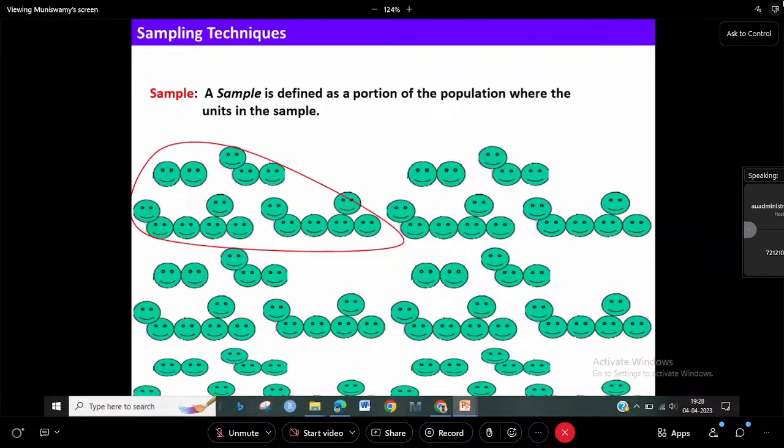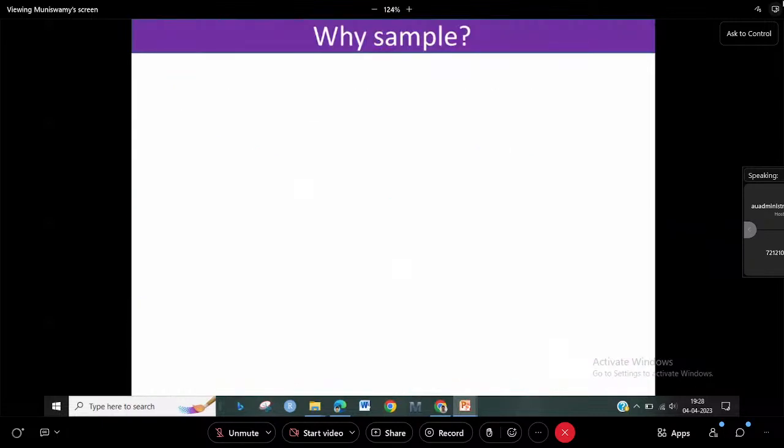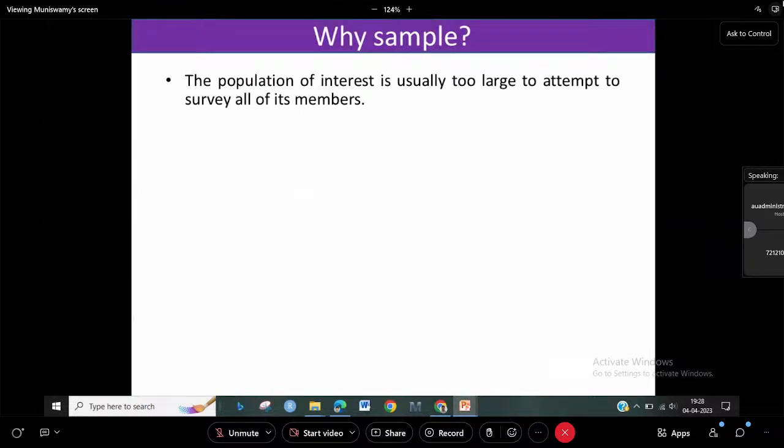This is the entire population. I selected this portion. This is sample 1, this is sample 2, this is sample 3, that red line portion. These are all the portions. But how we select these samples from the population is called a sampling technique.